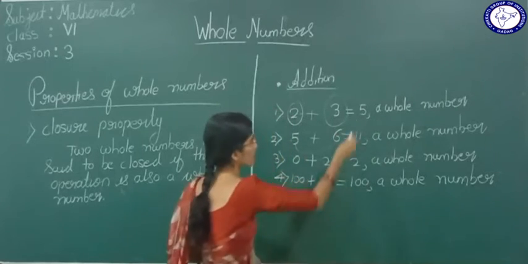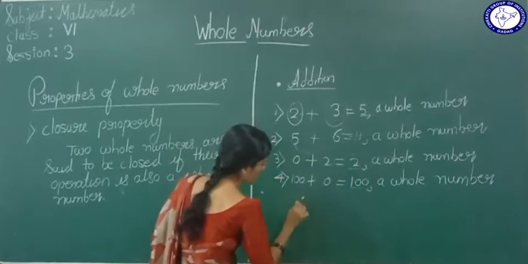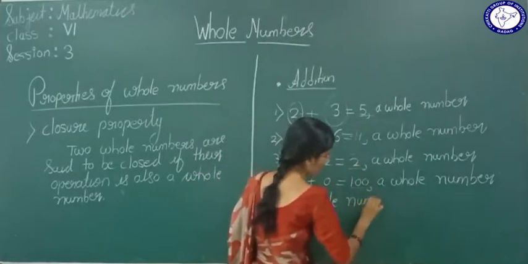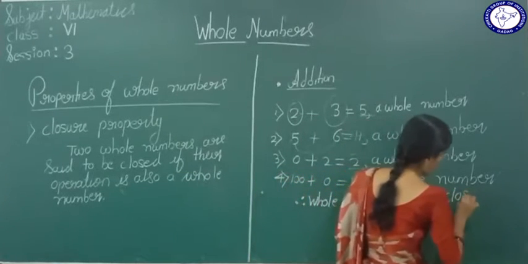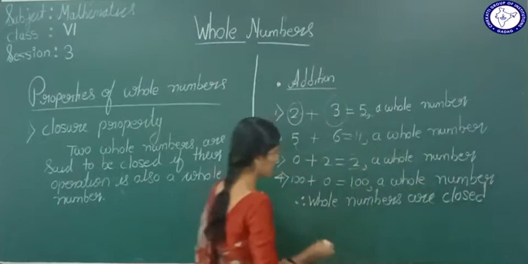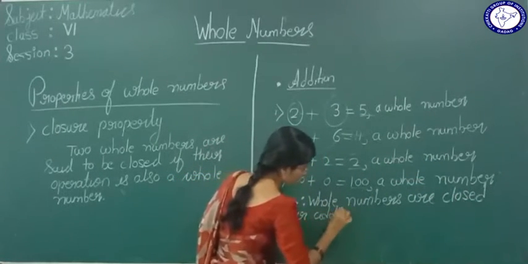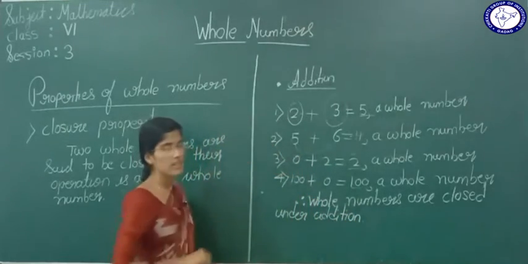Now see here, we are getting a whole number again. Yes or no? Therefore, we will tell whole numbers are closed under addition. So this is actually a closure property.